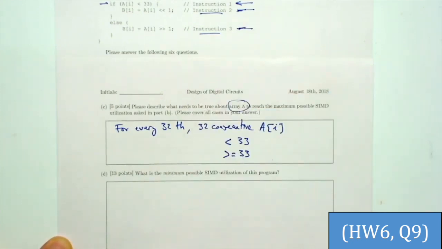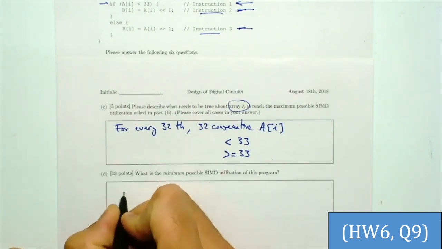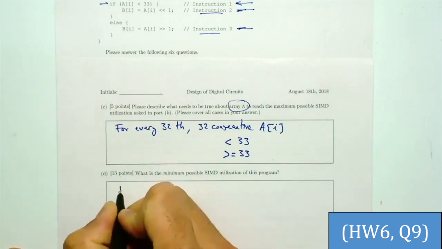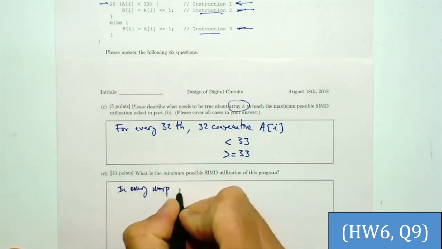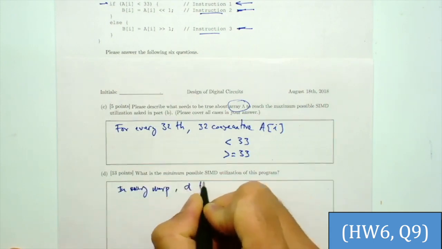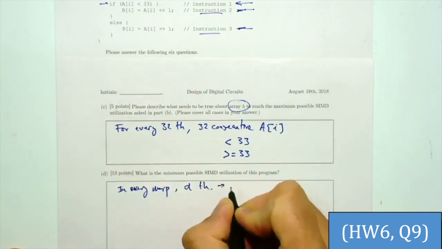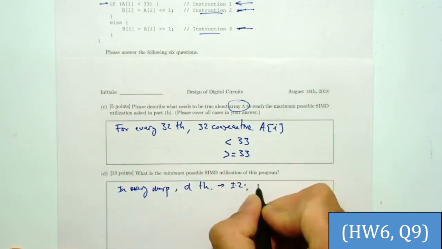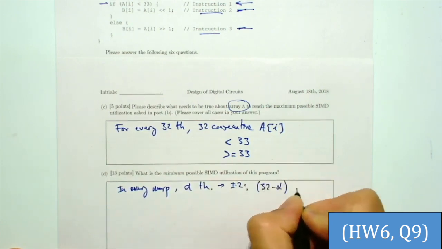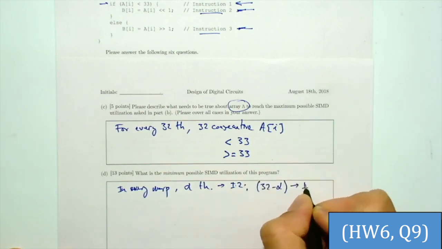The number actually might change from warp to warp, but let's assume, because this doesn't affect the answer, that in every warp, alpha threads execute instruction 2, and the rest, 32 minus alpha, execute instruction 3.